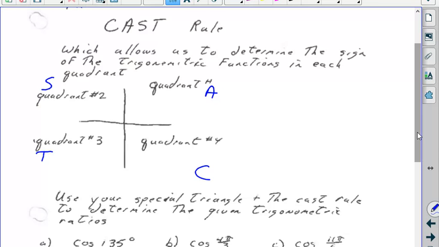And we're going to use the CAST rule. Now, what does the CAST rule tell you? It tells you which of the primary trig ratios are positive in those quadrants. Cosine is positive here, the other two are negative. All are positive here. Sine is positive in quadrant 2, cosine and tangent are negative. Tangent is positive here, sine and cosine are negative.